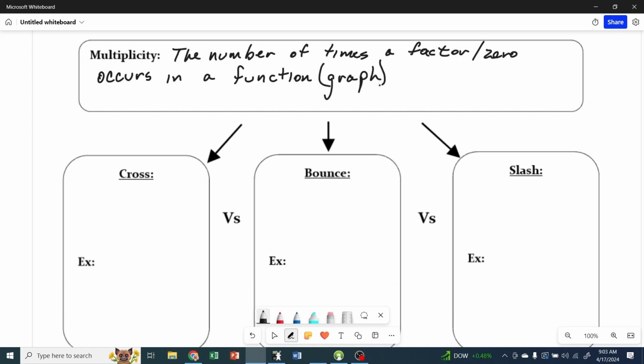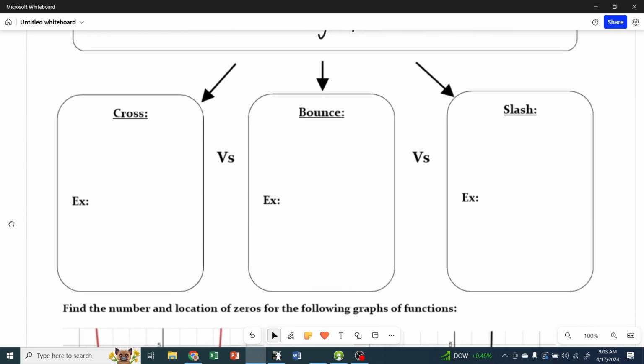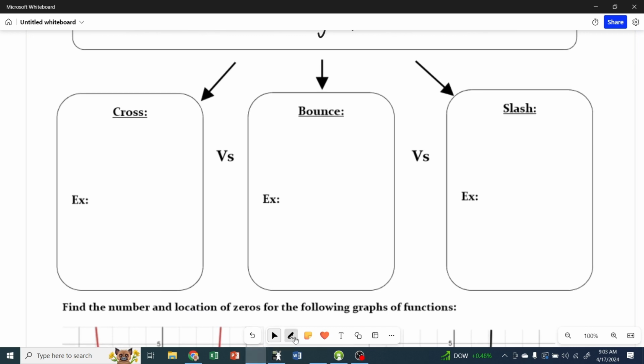And the reason I say graph, because that's important, in parentheses. All right, so we have a couple of different things here, 3 types that we're going to talk about.